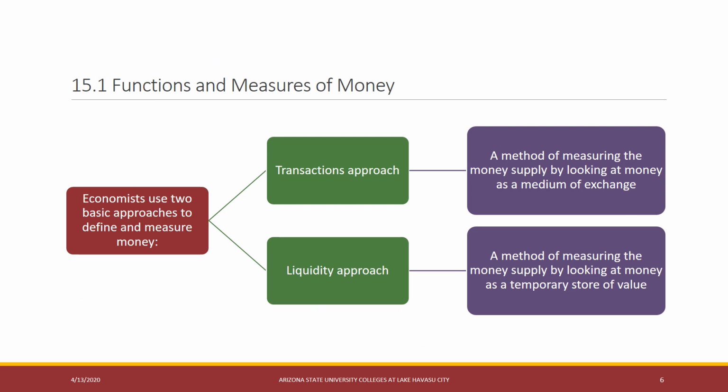There are basically two approaches to define and measure money. One is the transaction approach, which gives emphasis on the role of money as the medium of exchange, and the next one is the liquidity approach, which focuses on the role of money as a temporary store of value.